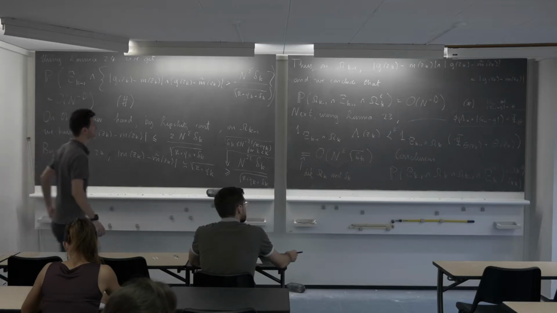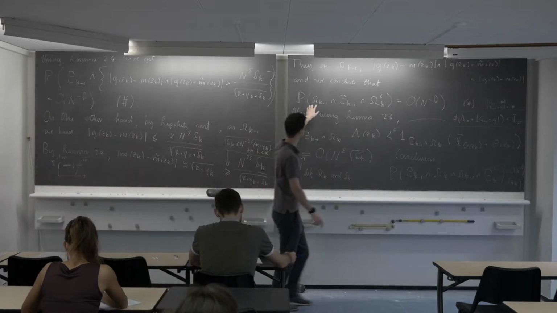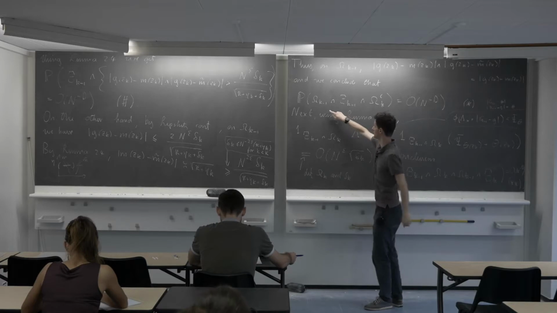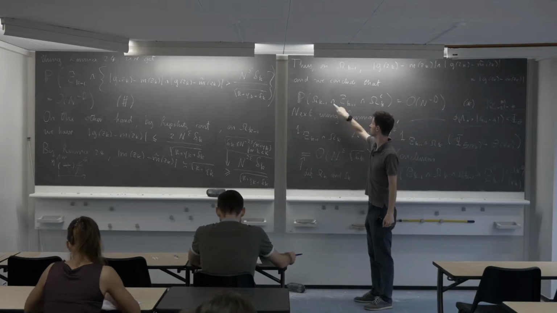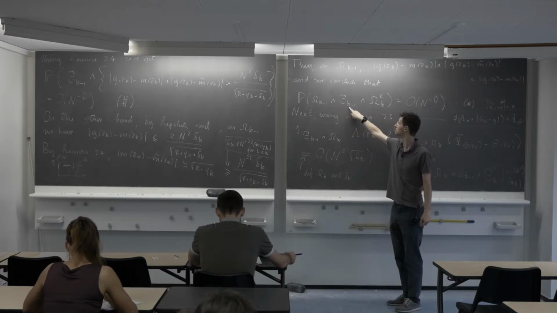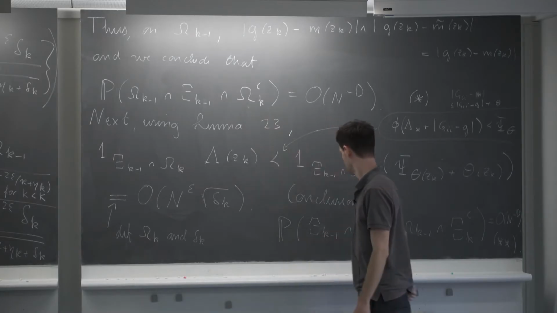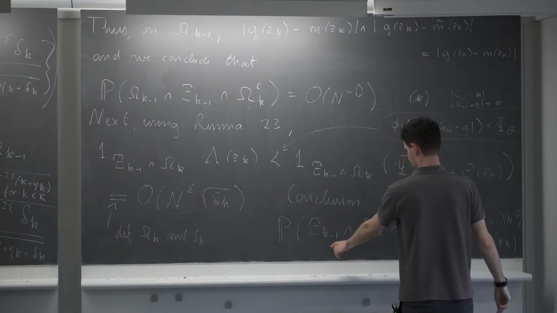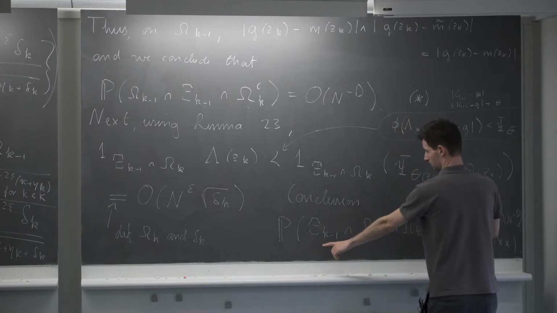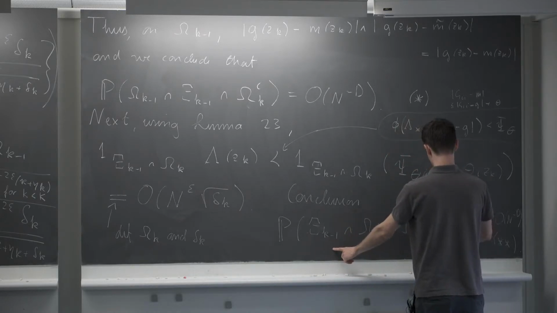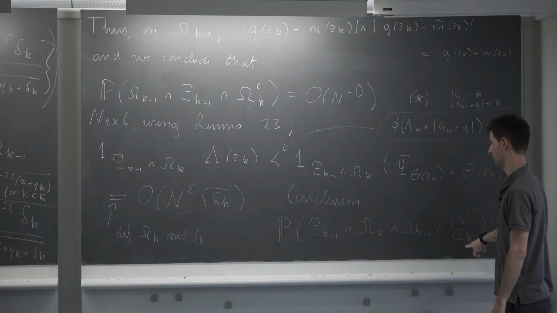We take these two things. This tells you that on the event omega k minus 1 intersected with ck minus 1, omega k holds with very high probability. This one says that on the event omega k minus 1, ck minus 1, ck holds with very high probability.